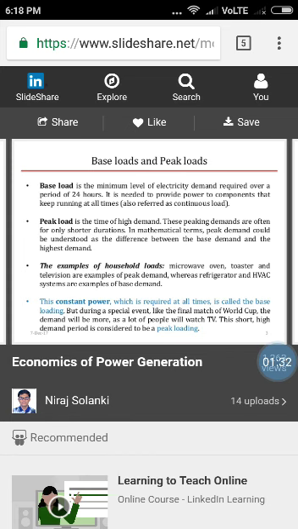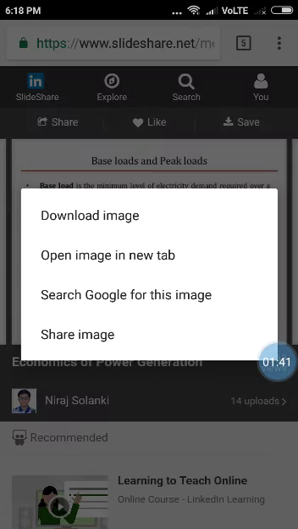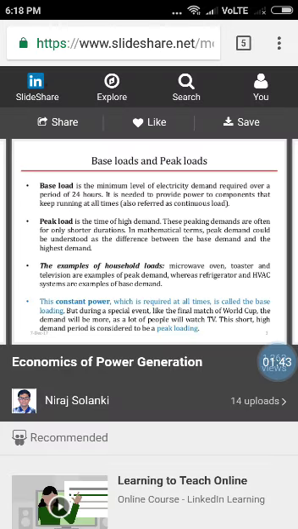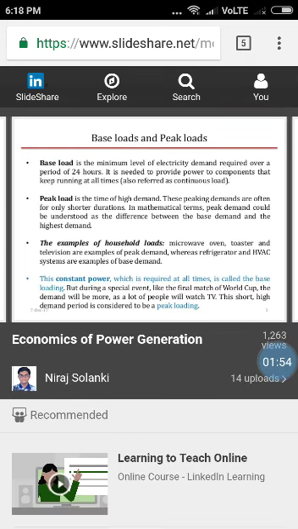Peak load is the time of high demand. These peaking demands are often for only shorter durations. In mathematical terms, peak demand could be understood as the difference between the base demand and the highest demand.